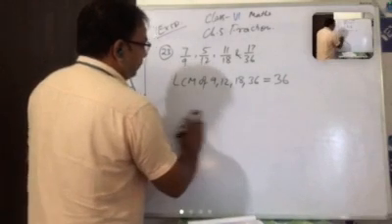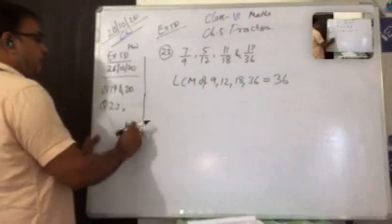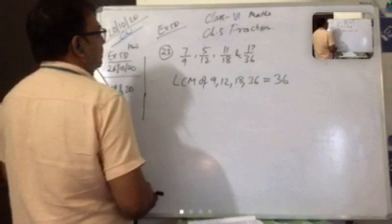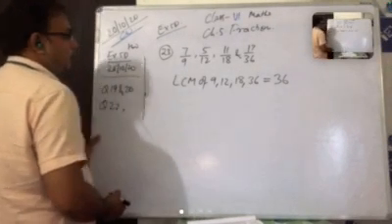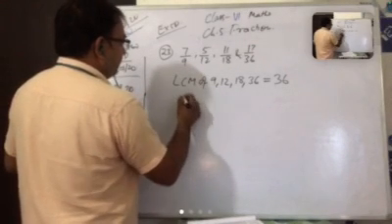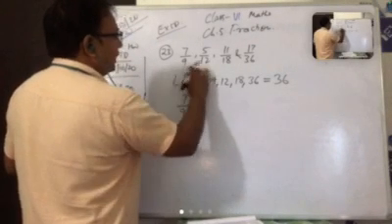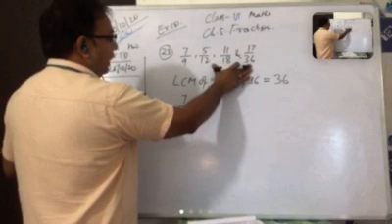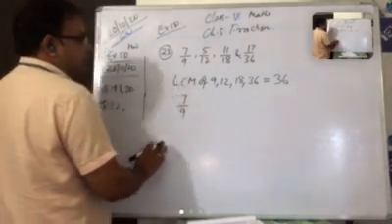We know that. What is the full form of LCM? Good. Now we can change this because we know that these all are unlike fractions. Then we have to change.